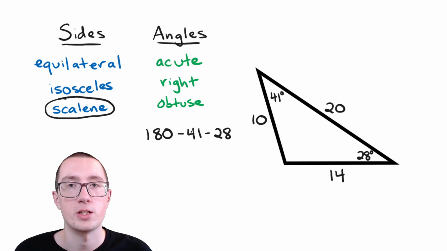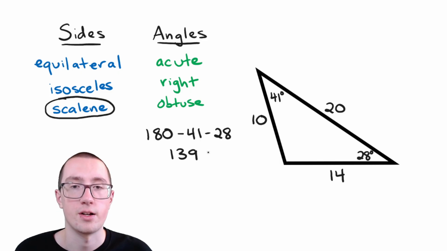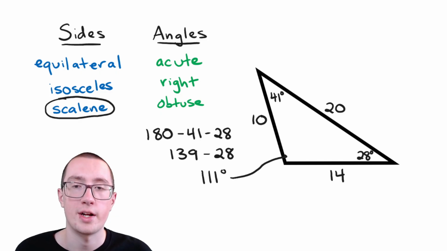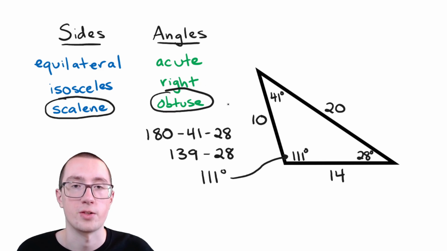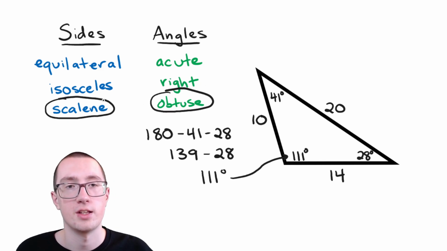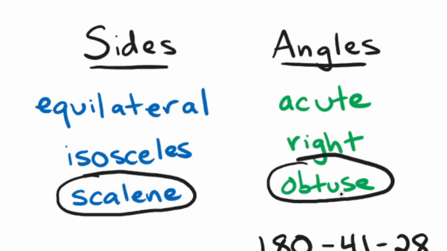So 180 minus 41 is 139. And then 139 minus 28 is 111. So this angle right here is 111 degrees, and that is greater than 90. And as long as you have one angle that's greater than 90 degrees, it is an obtuse triangle. So our final classification is that this is a scalene obtuse triangle.